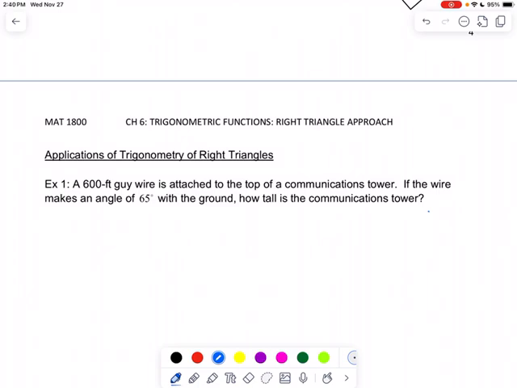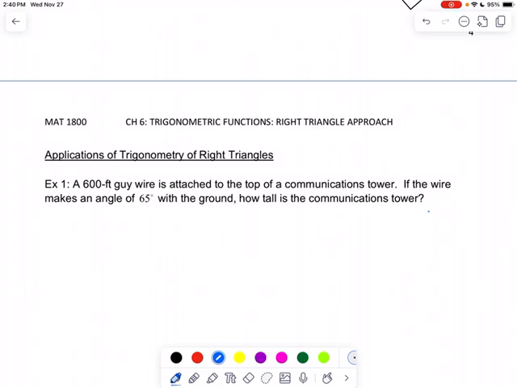The method of doing these problems is, the first thing to do is to draw a diagram. I won't say picture, a diagram. A diagram is kind of a sketch of the situation. So we will basically use straight lines to represent heights, distances, or lengths.